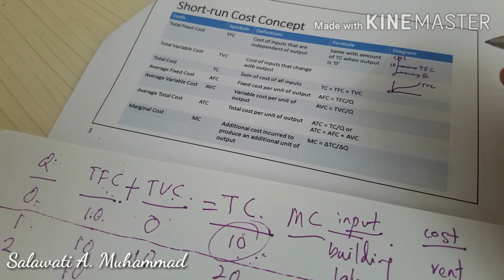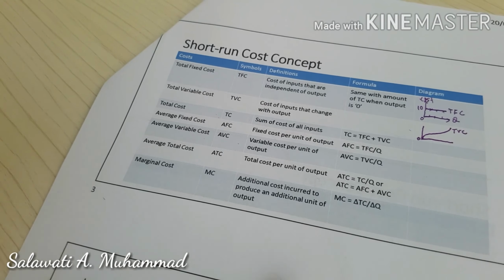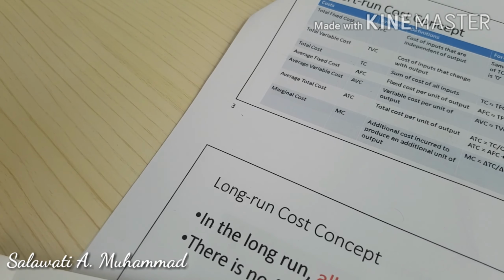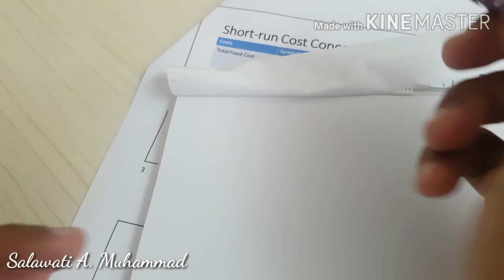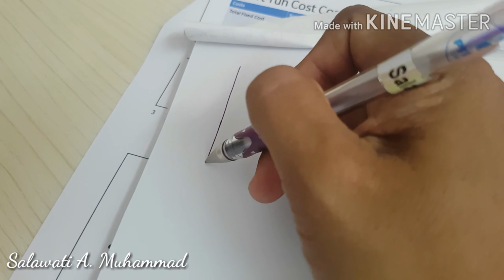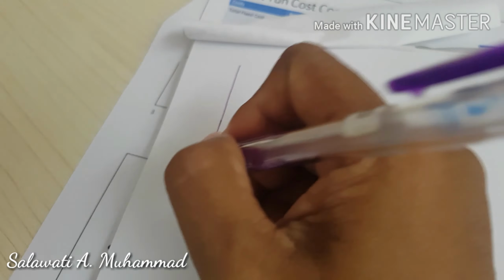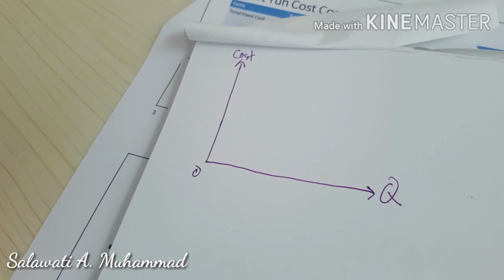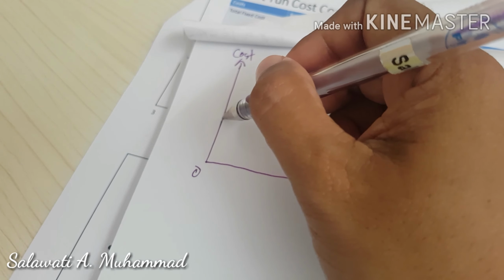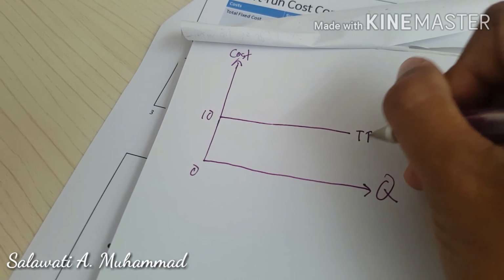So how does the curve look? I draw a different one. Before this, we have a simple axis for cost. We have quantity output here, and also a cost amount here. Just now I said our total fixed cost is a straight line starting from 10. This is our total fixed cost.